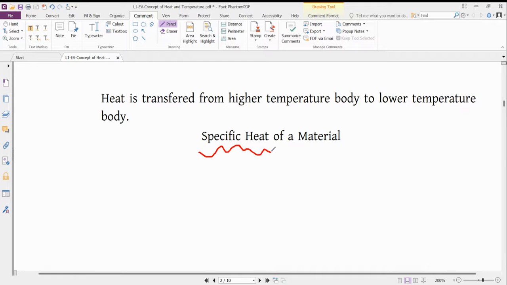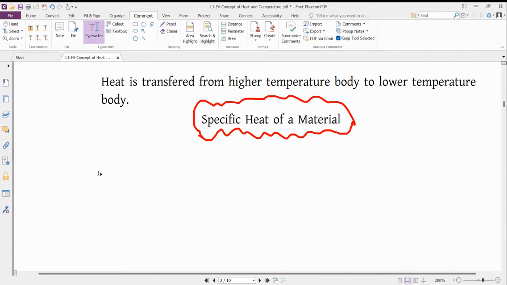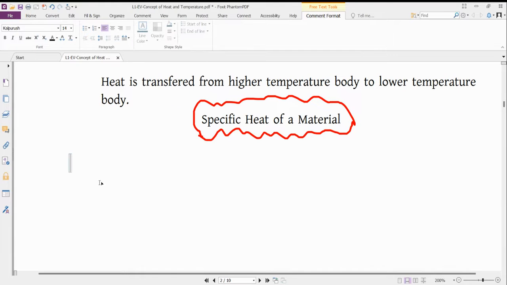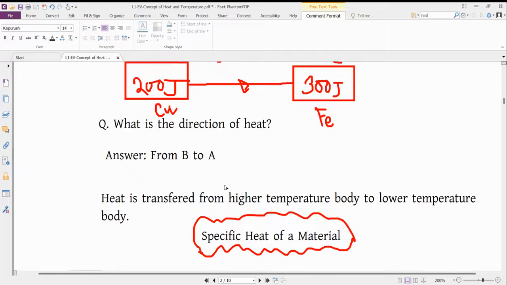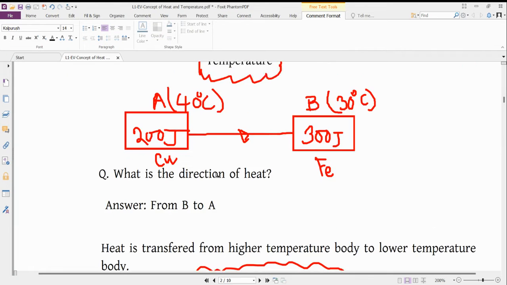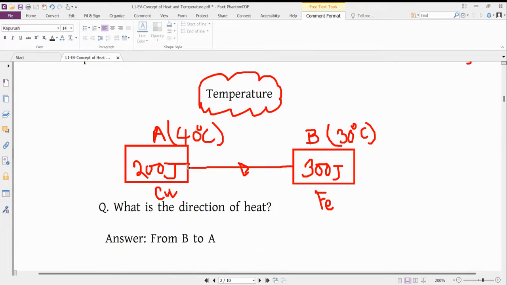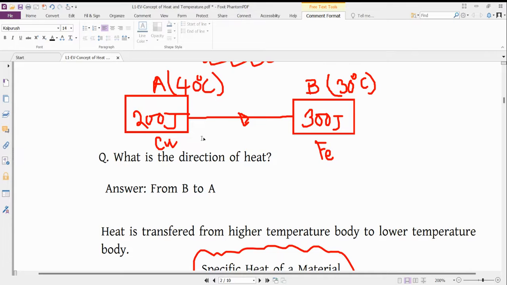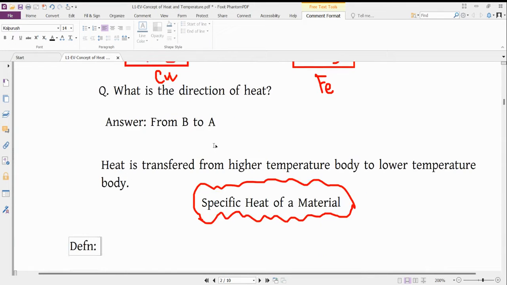And due to this property, the specific heat of a material, let us give a definition of specific heat of a material. Already I have explained that due to that property of a material, by gaining the same energy, the temperature is different.